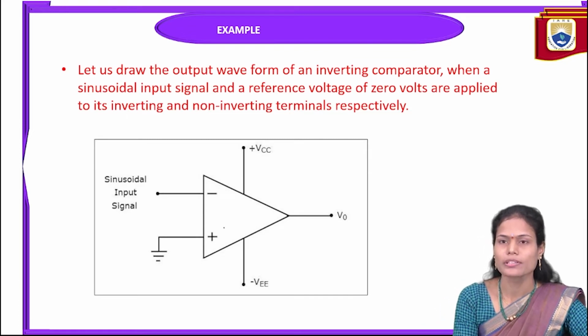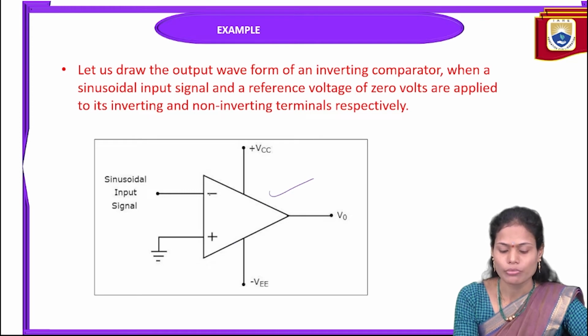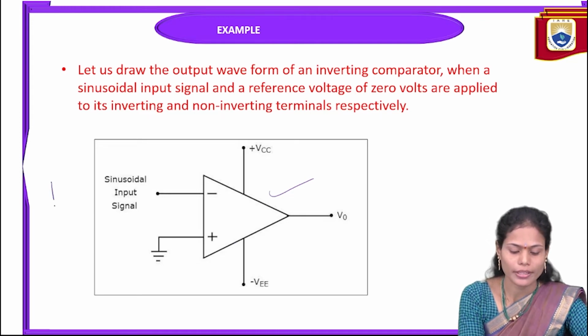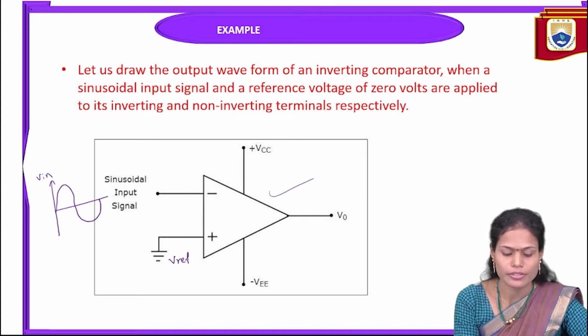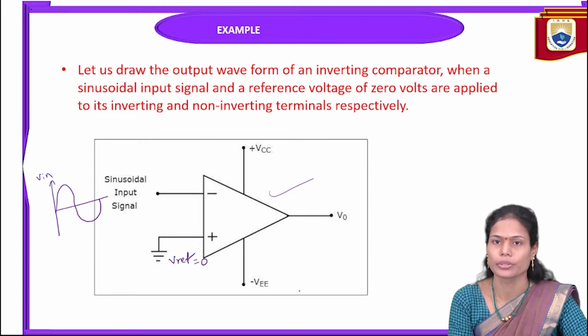For that purpose, I am considering again the inverting comparator circuit. For the inverting terminal, I am applying the sinusoidal signal. This is my Vin, and this is the reference voltage V reference. I am taking it here as 0.